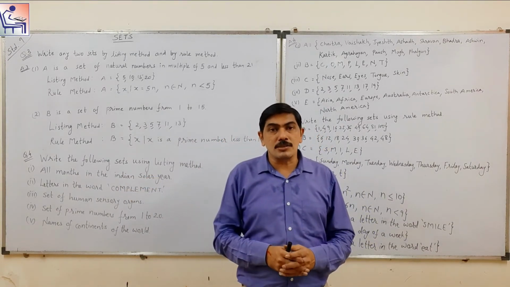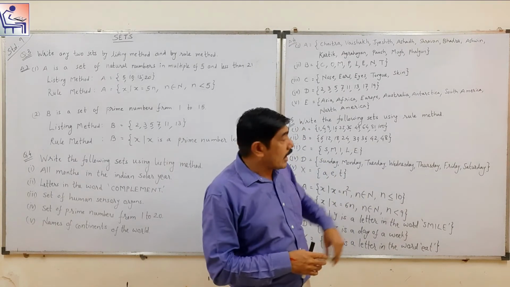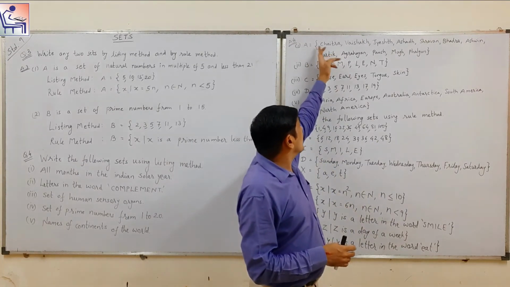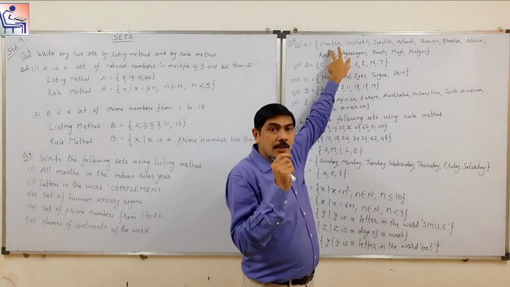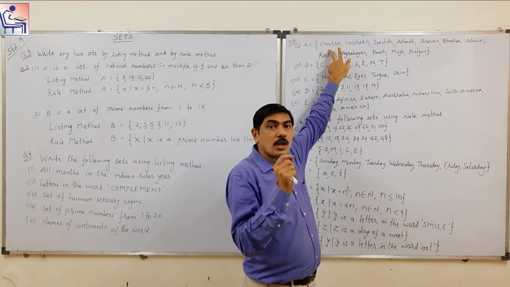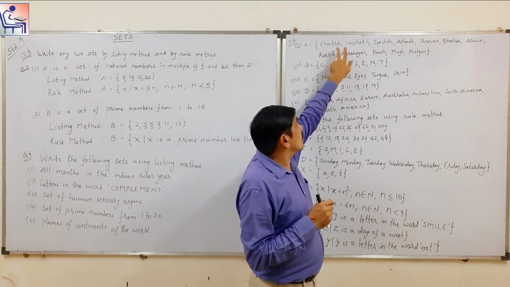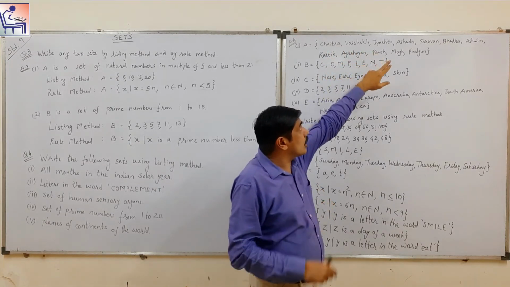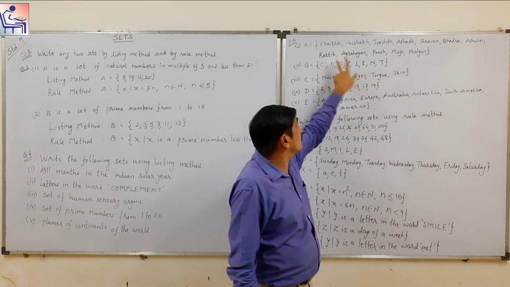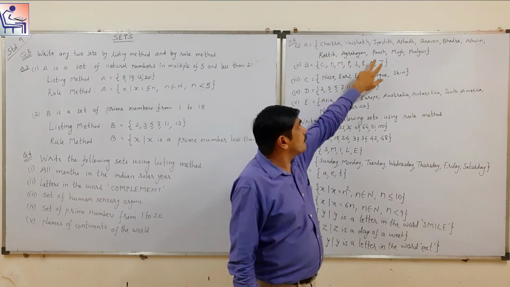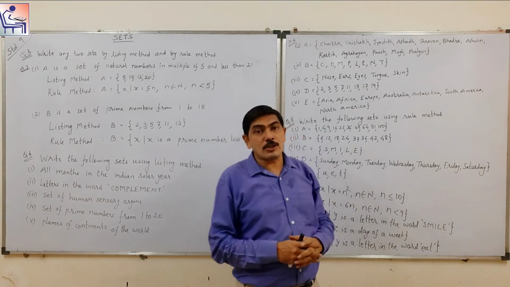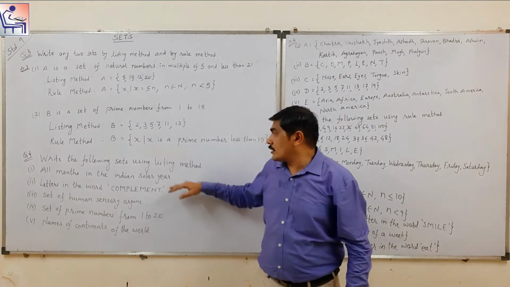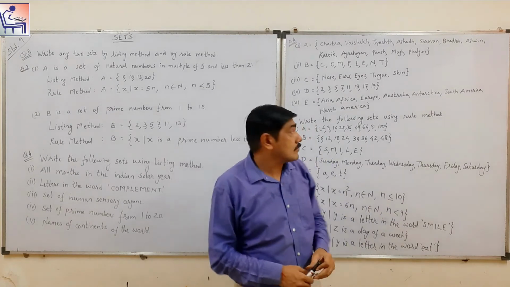Here we have to write A is a set of all the names of the Indian solar months: Chaitra, Vaishakha, Jyeshtha, Ashadha, Shravana, Bhadra, Ashwin, Kartika, Agrahayana, Pausha, Magh, Falgun. So we have written all 12 months as per the Indian solar year.